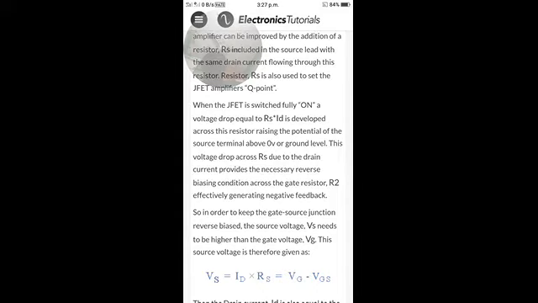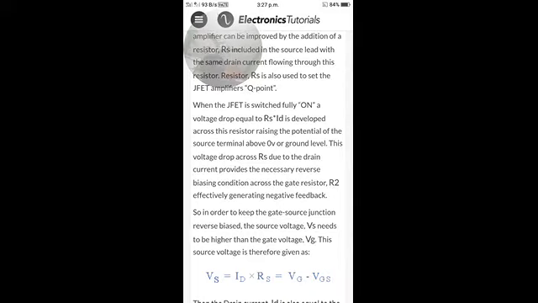So in order to keep the gate source junction reverse biased when the JFET is not conducting, the source voltage Vs needs to be higher than the gate voltage Vg.